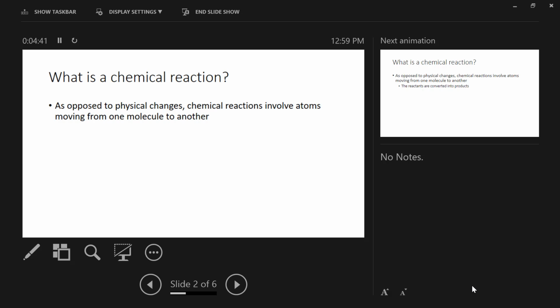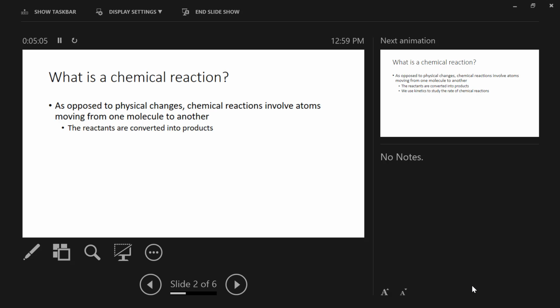All right, so a little bit more information on this. Basically, in a chemical reaction, the reactants are converted into products. So we write a chemical reaction like this, where we have our reactants on the left and they are converted into products.